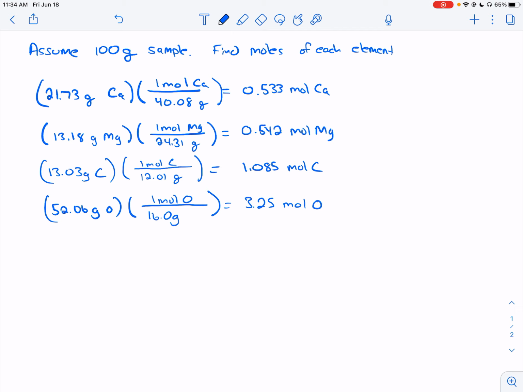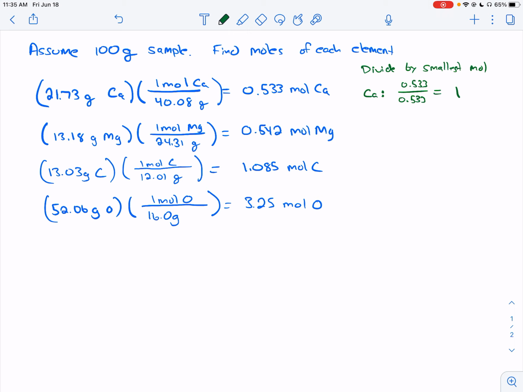Now that we found the moles, what we're going to do is divide everything by the smallest moles. And so what I mean by that is for calcium, I'm going to do 0.533 divided by 0.533 because that's the smallest, and I get 1.